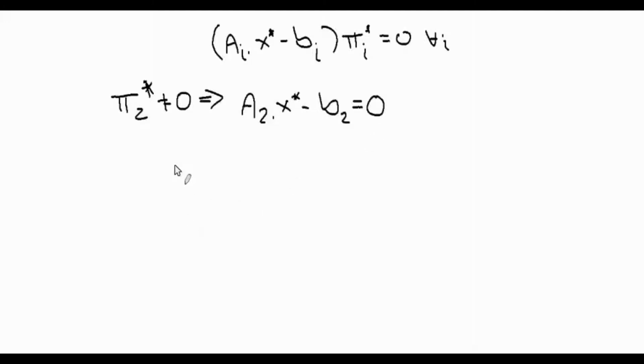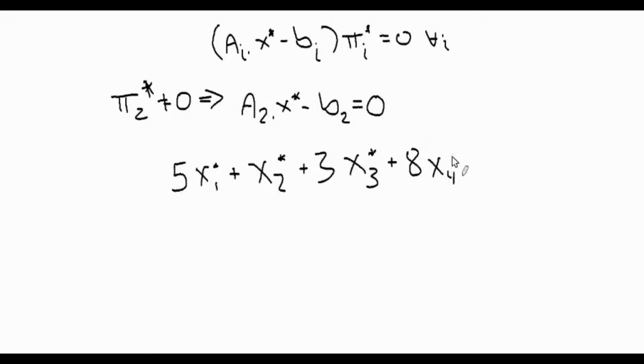So if we apply that to our problem, we have 5x1 star plus x2 star plus 3x3 star plus 8x4 star minus the right-hand side, the b sub 2, which is 55, equal to 0.